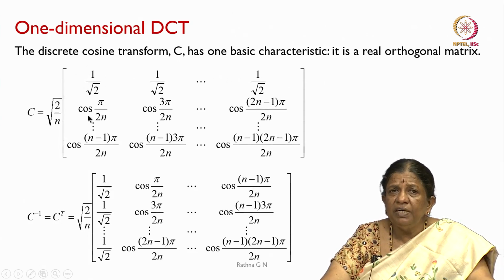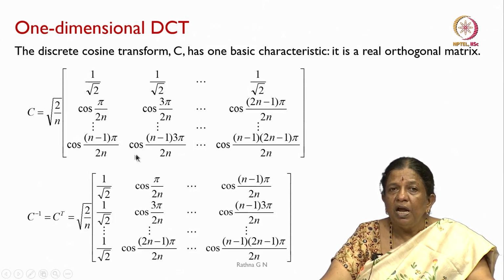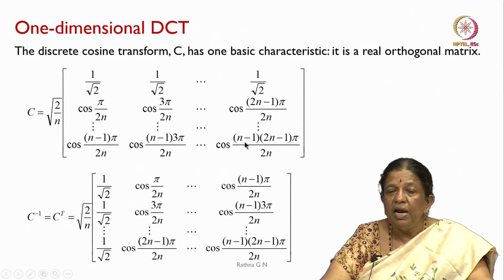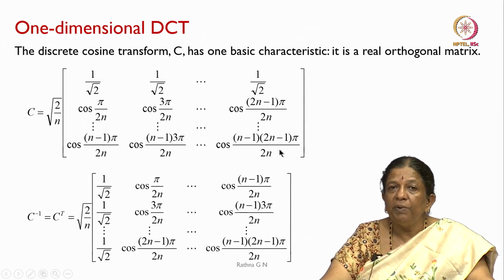The next one is cos pi by 2n and then cos 3 pi by 2n and so on, and the last entry will be cos (2n minus 1) into pi divided by 2n. In the last row we have cos (n minus 1) into pi by 2n and so on, and the last entry, the n by n entry, is cos (n minus 1) into (2n minus 1) into pi divided by 2n.